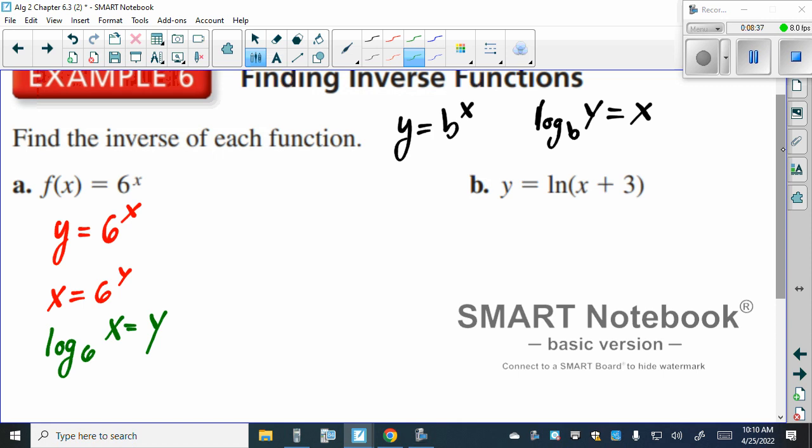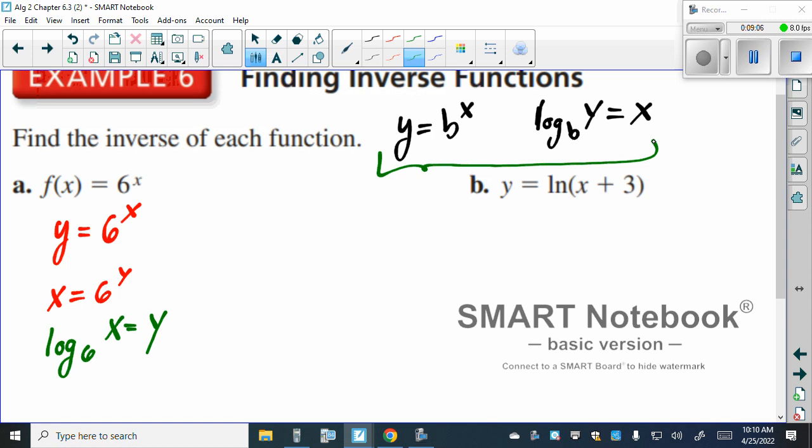Let's make sure. Yes, so it should be log base b of y equals x. No, this is actually right. In this general setup, because y equals b to the x is log base b of y equals x, we didn't switch the x and y. That's why they're flipped.